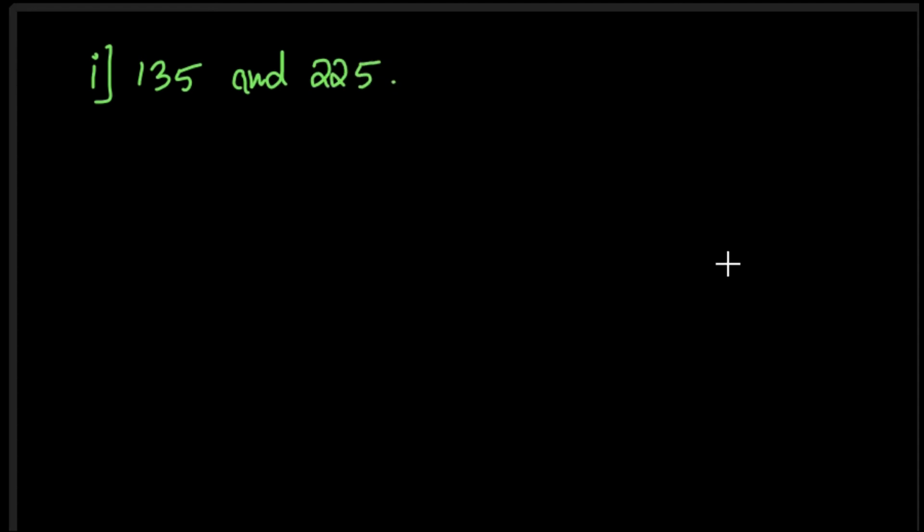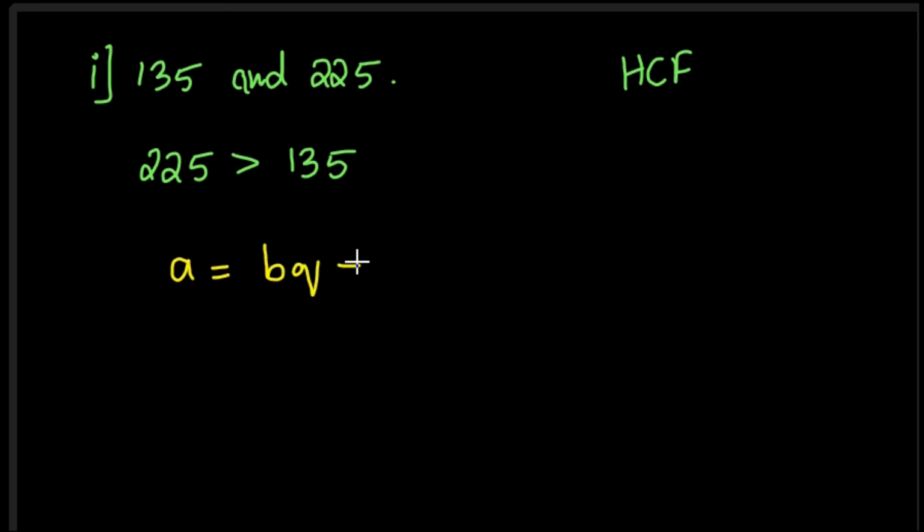Now using Euclid algorithm, we need to find the HCF of these two numbers. 225 is greater than 135. Euclid algorithm is A equals bq plus r. Now you need to remember this.